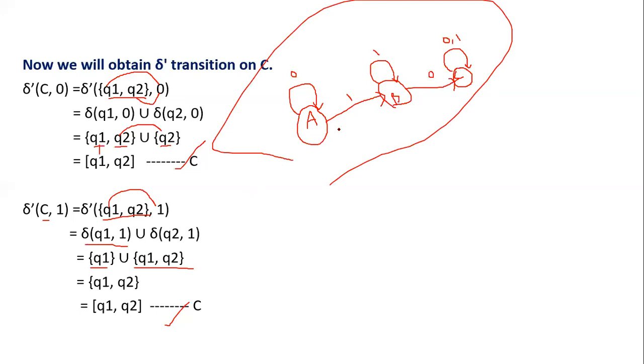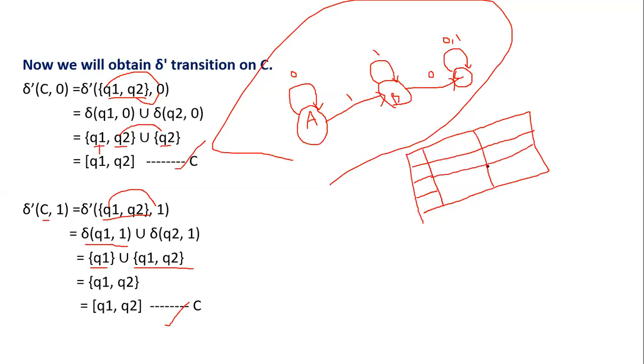For that, you have to write the transition table also. How can we write the transition table? In the row, what do we have to mention? Students, are you in the meet?